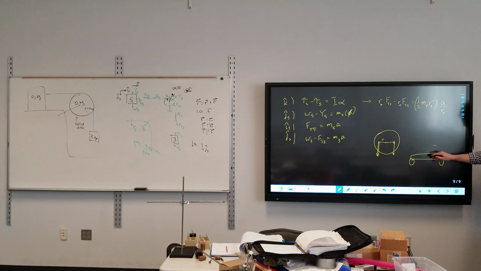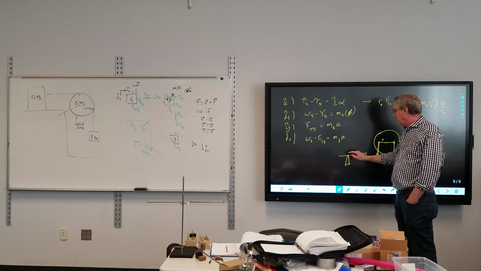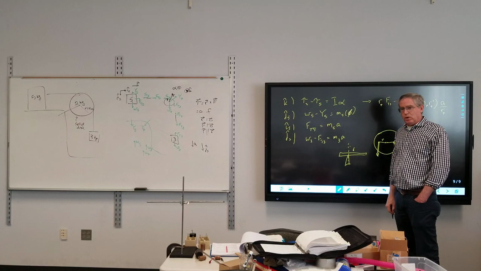If you are not considering that, then you can always treat it as having weight acting at the center of mass. So if I had a seesaw, I could look at this as, I have my center of mass here, I've got my pivot point there, there's my R, and I could figure out the angular acceleration. I could also look at it as, if I have the same beam, I can treat it as 2 objects.